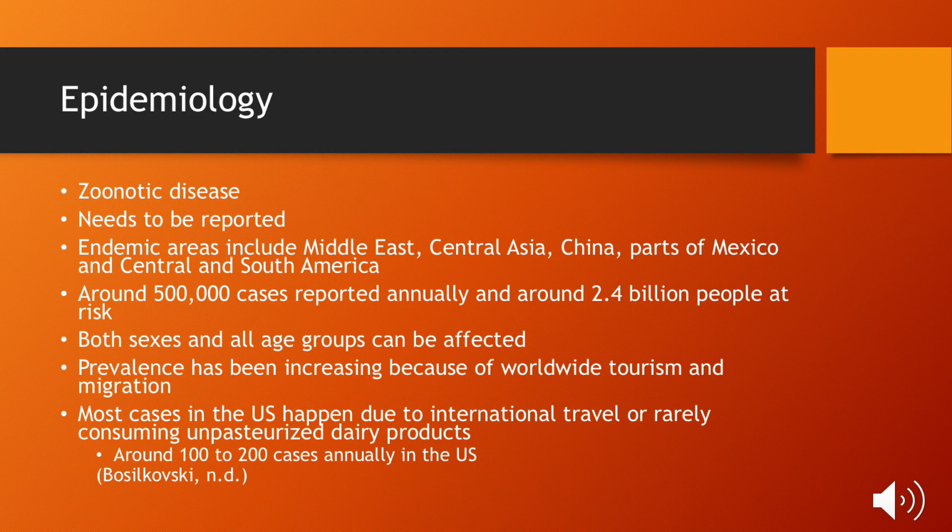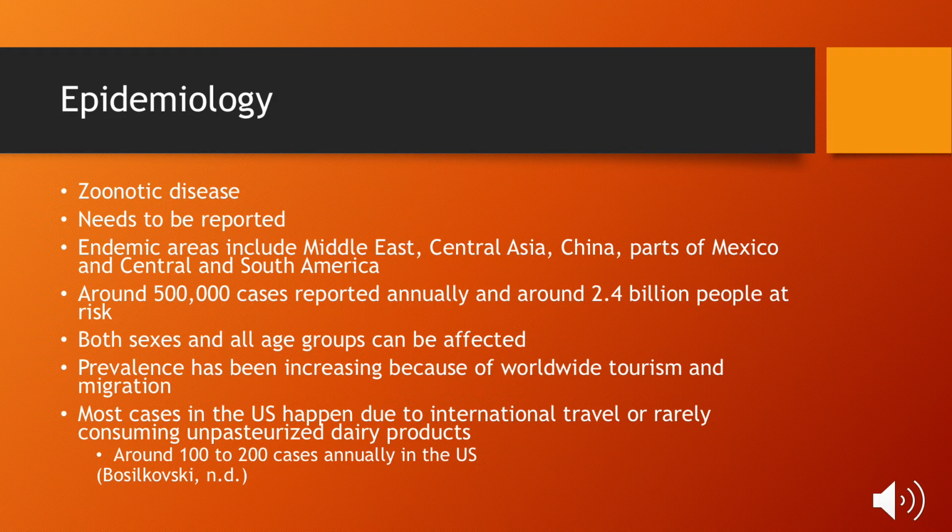Brucellosis is, once again, a zoonotic disease which needs to be reported. It has endemic areas including the Middle East, Central Asia, China, parts of Mexico, and Central and South America. Around 500,000 cases are reported annually, and around 2.4 billion people are actually at risk worldwide. Both sexes and all age groups can be affected, so there's no preference.